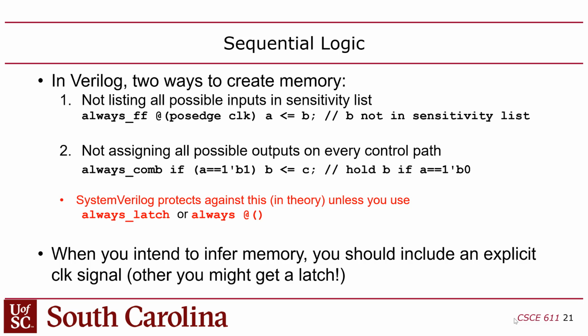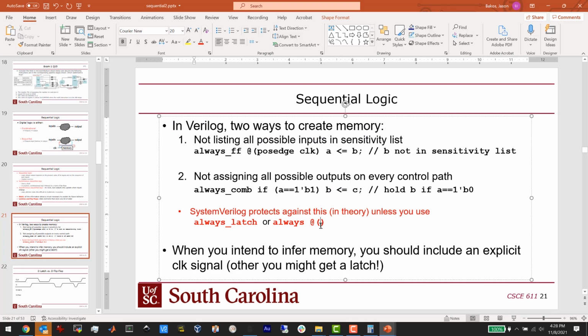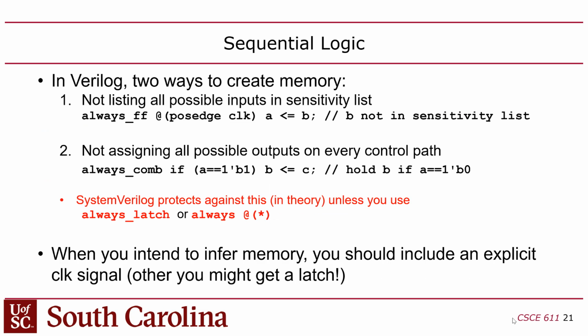Now there is an always_latch if you really want to create a latch, or if you just use the always @*, there's an always @* syntax, which is more of a generic always. If you don't put comb, you don't put latch, you don't put FF, always @*, this was the only way to do an always in regular Verilog before SystemVerilog came around. Then you can end up with a latch.